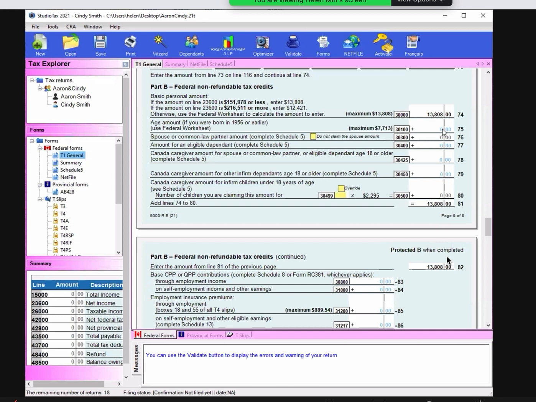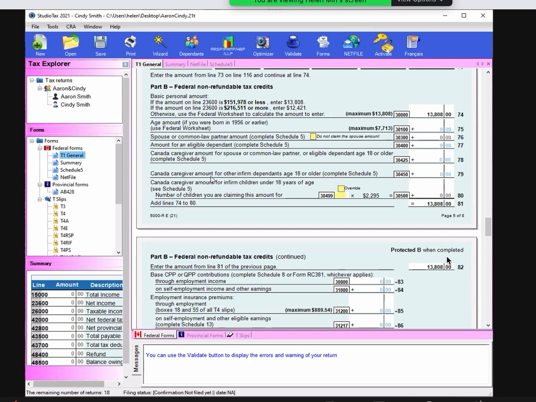So in this case, my mom does not claim my father as a spouse amount, and my father does not claim my mother as a spouse amount. So I can claim him as other dependent.